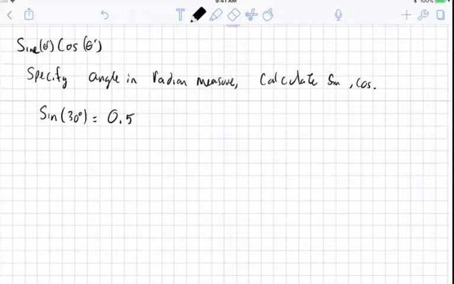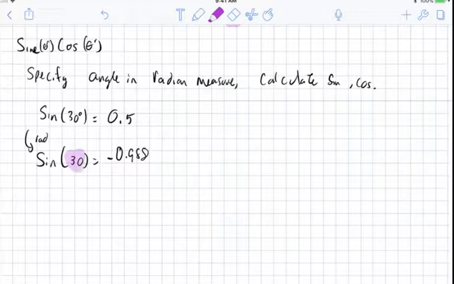When I change my calculator into radians, sine 30 doesn't equal that anymore. It's equal to something else. And the reason is that this angle isn't the same as this angle once you're in radian measure.